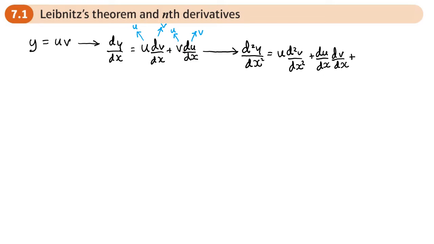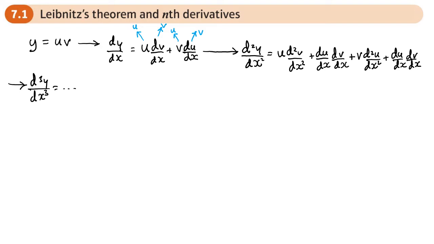So that will be plus v times d squared u over dx squared, plus du/dx dv/dx, like this. And we could keep applying it to find the third derivative and the fourth derivative and so on.